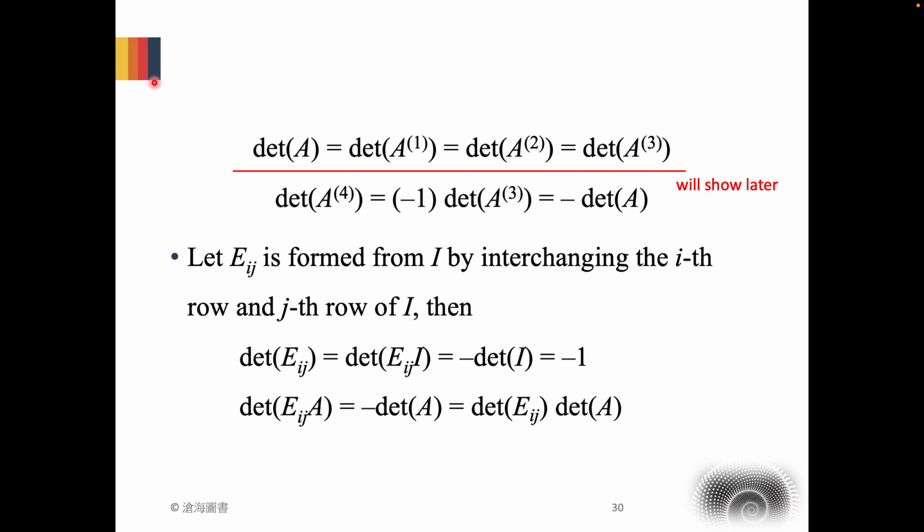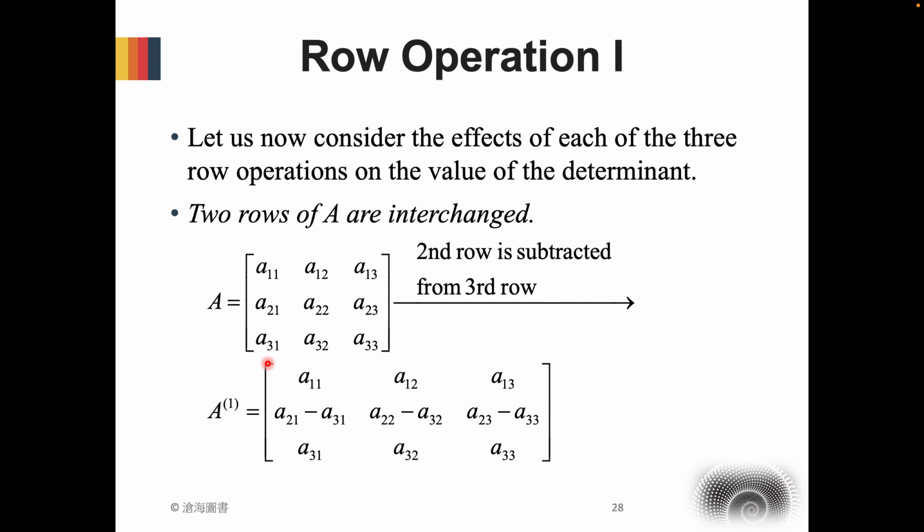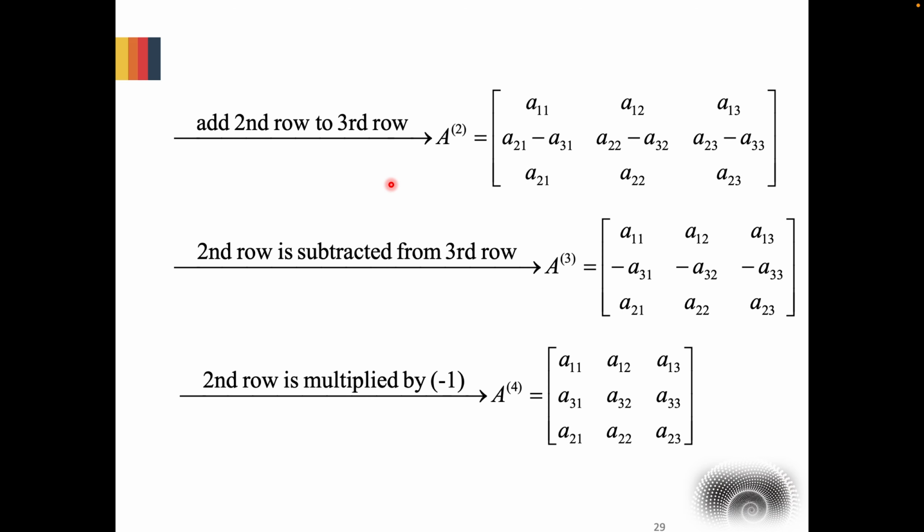So the determinant of the original matrix A is equal to A1 and A2 and A3. If you look carefully, A1 is a type 3 row operation.